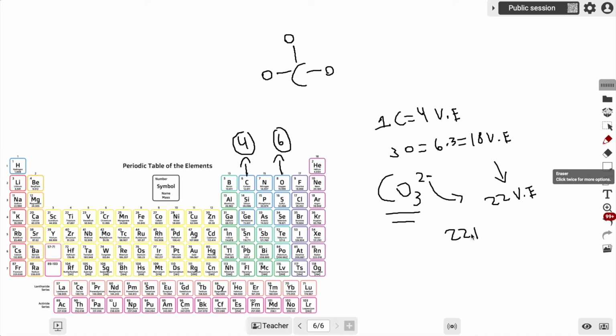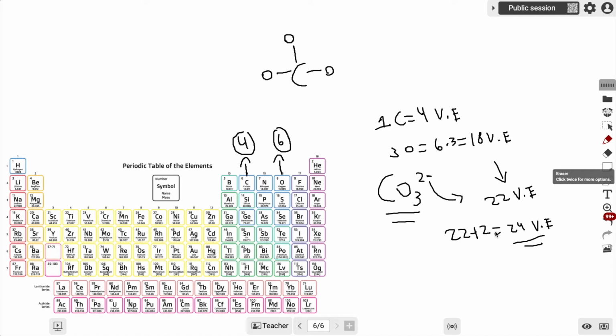So 22 plus 2 is equal to a total of 24 valence electrons. That's it. We have our total valence electrons: 24. So again, after we added all the valence electrons of each atom in this molecule, and after we added the charge value, we got our total number of valence electrons, which was 24.